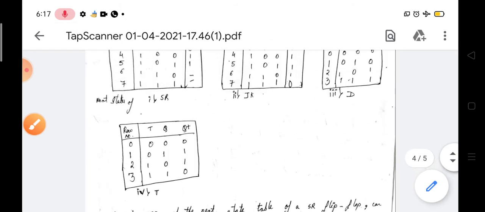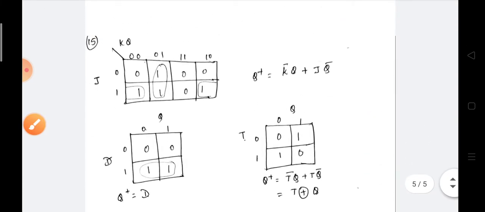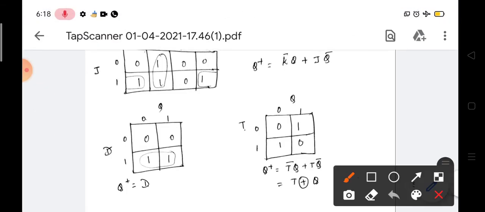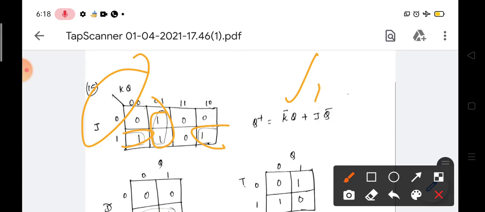Similarly, making use of this for the next state of the JK, T and D flip-flop, here are the K maps. This is the K map for the JK flip-flop, where once you solve you get K bar Q for this cell, and for this cell you get J into Q bar.